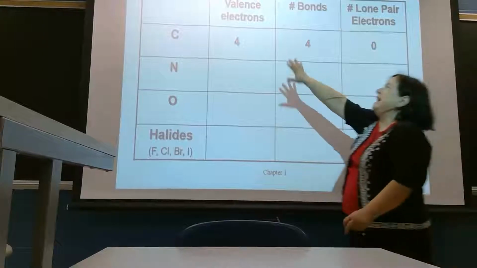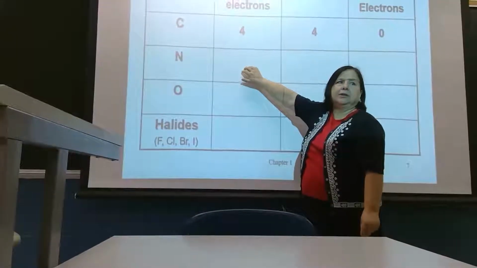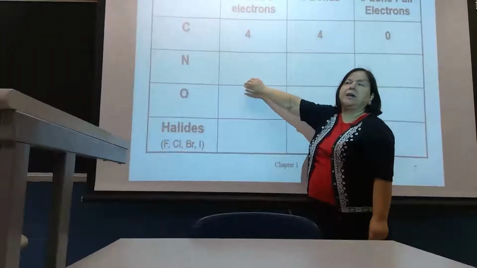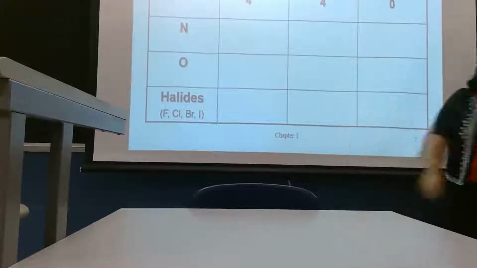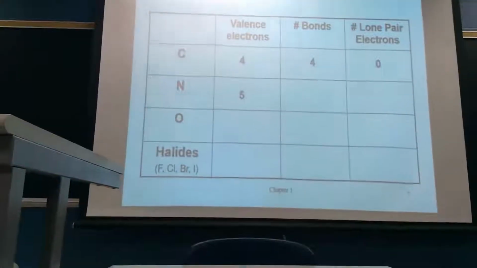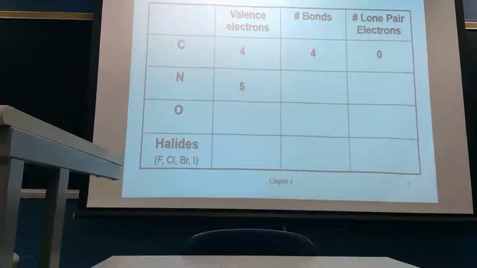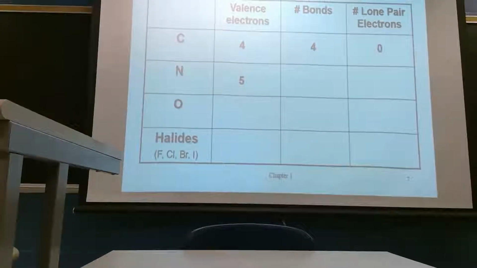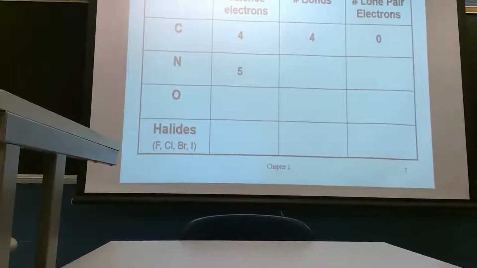Nitrogen. How many electrons are involved in chemical bonding for nitrogen, valence electrons? 5. How many bonds can neutral nitrogen have? 3. Why? Because it needs 3 to obey the octet rule, to have 8.